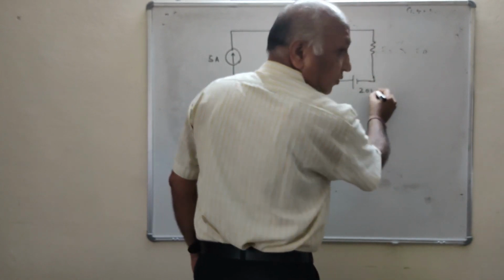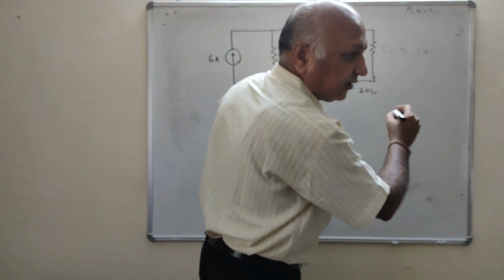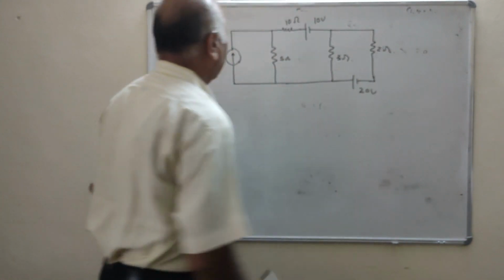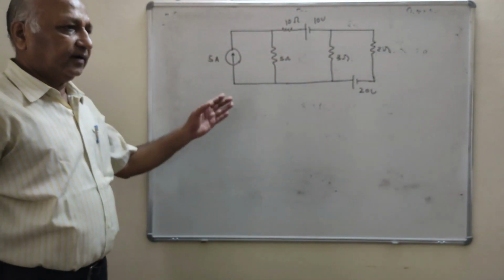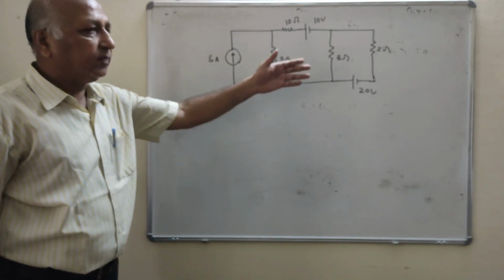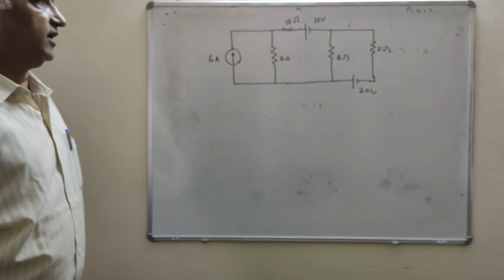Now this is the 20 volt and this is the 2 ohm. Now we have to find the current in the 2 ohm resistance using the mesh analysis.